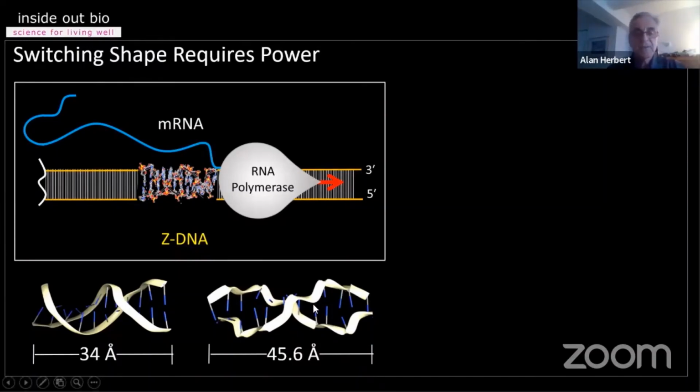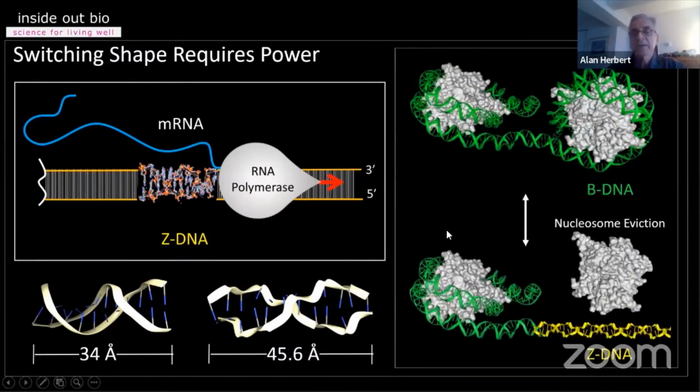And this can be shown with single molecule measurements with high degree of accuracy, and all that energetics is well quantitated. The other interesting way of doing it is normally our DNA is wrapped up around nucleosomes, and that allows it to be really compact.